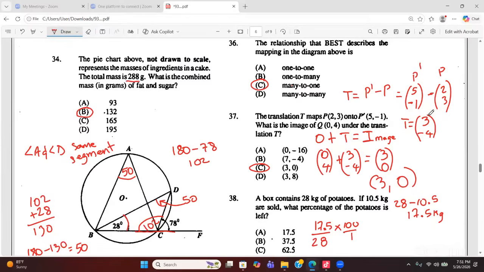Positive and negative equal negative. Remember, the only time you get positive is when negative times negative. But when a negative minus another negative, that's more negative, okay? So I hope you saw that.